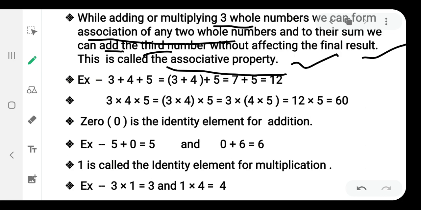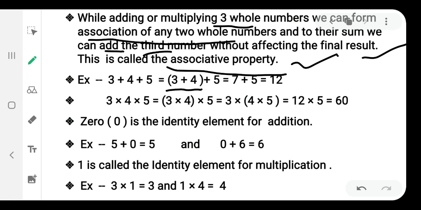Now this statement will be more clear to you by seeing the example. See here, 3 plus 4 plus 5 can also be written as 3 plus 4 in bracket and outside plus 5. So here 3 plus 4, I made it associated, I made it related, I make the group, I make the pair of these two numbers.